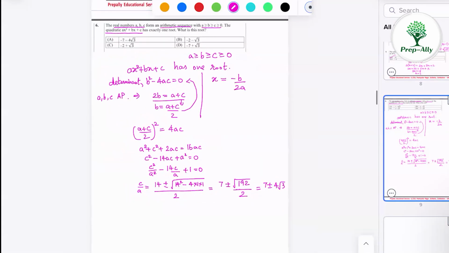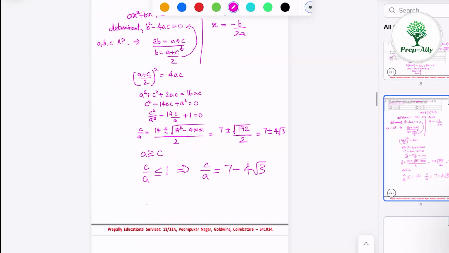Now we are told that a greater than or equal to b greater than or equal to c greater than or equal to 0. So from that we have a greater than or equal to c and c by a less than or equal to 1, which means c by a can only equal 7 minus 4 square root of 3.